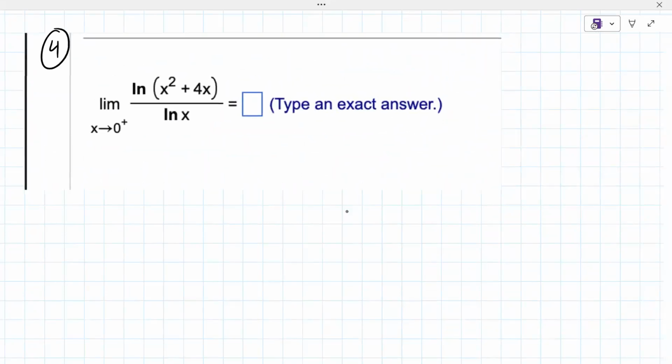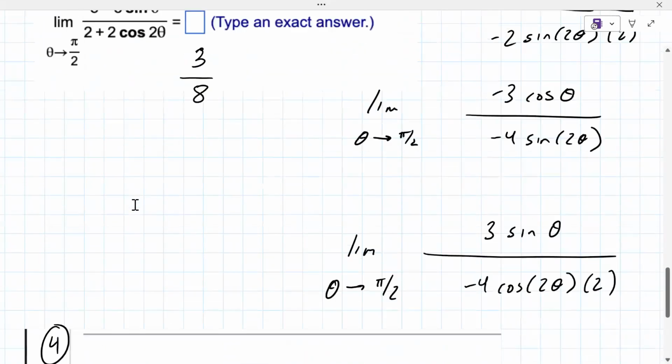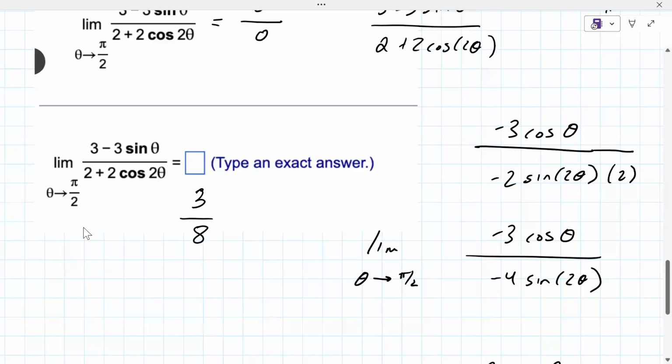I said I wish there was an easier way. Like I said, you could just put a number in really, really close to pi over 2. You go to pi over 2 in your calculator and it's 1.57, whatever, and you put something really, really close to that in for theta and look for the answer that it's closer to. That's your shortcut.